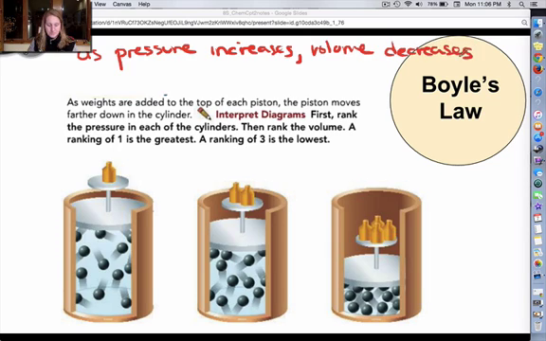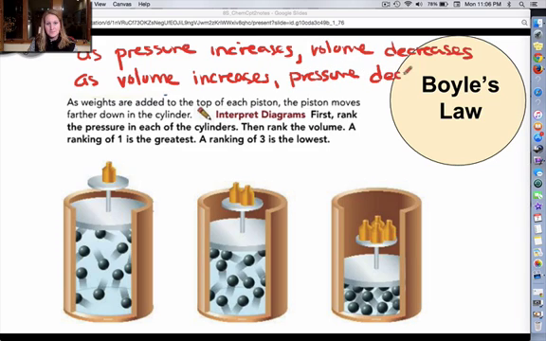Okay. This can be seen in a reaction, or as you can also think of it this way, as volume increases, pressure decreases. Okay, so as one goes up, the other one is going down, and that means that it is inversely proportional.